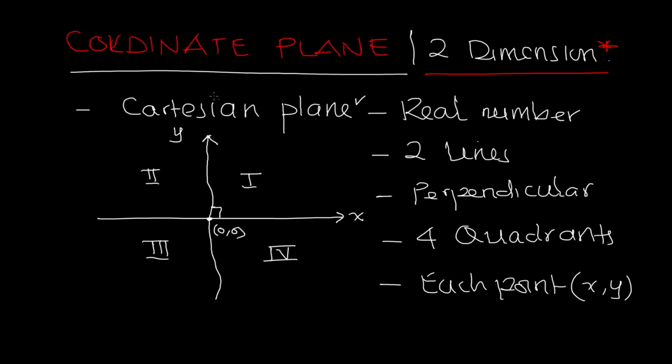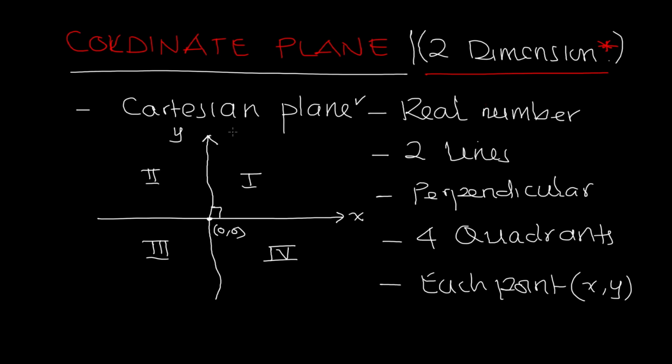Plane. This is also known as the Cartesian plane. Now we are going to look at just the one that is in 2 dimensions. And one thing that we've already explained is that this is also used to visualize or solve algebraic equations or inequalities.